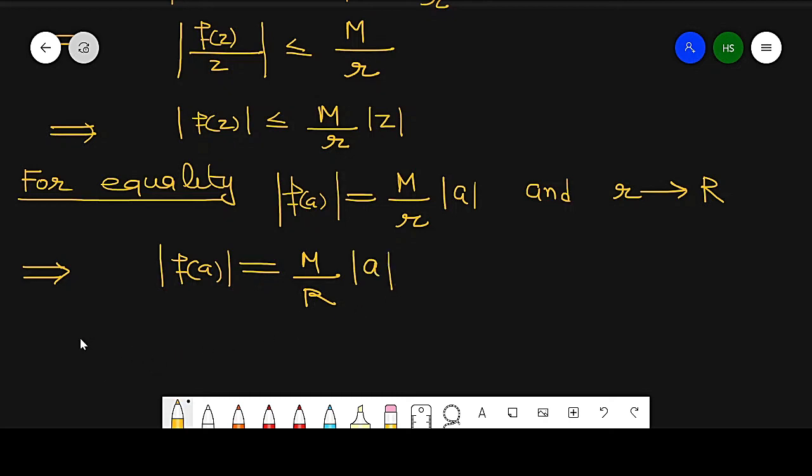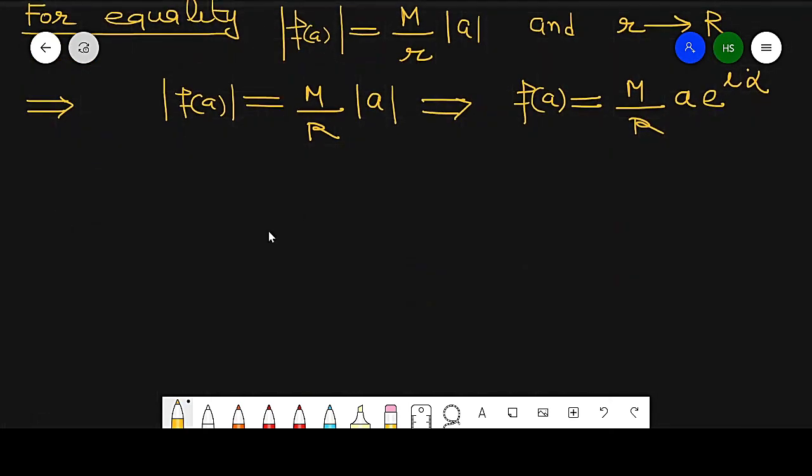So this can be written as f of A equal to M by R into A into e raised to power iota lambda. We can also write it as e raised to power iota alpha.